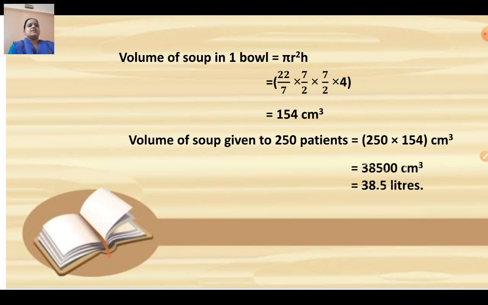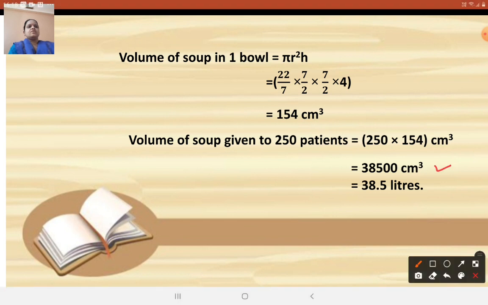Multiply, and you will get the answer as 38,500 centimeter cube. This value is in centimeter cube, and if you divide by 1000, you will get the answer in liters, which is equal to 38.5 liters. Is it clear to all of you?